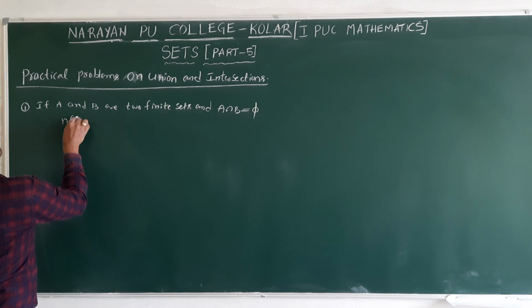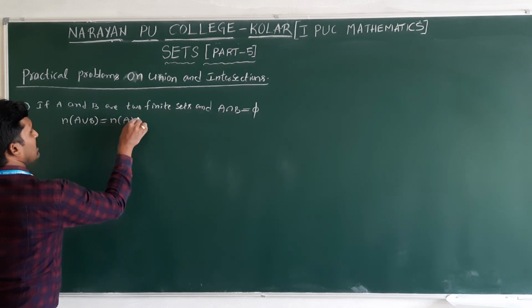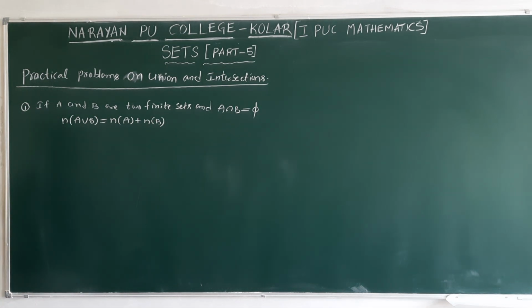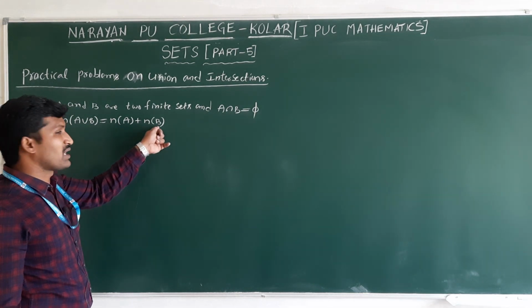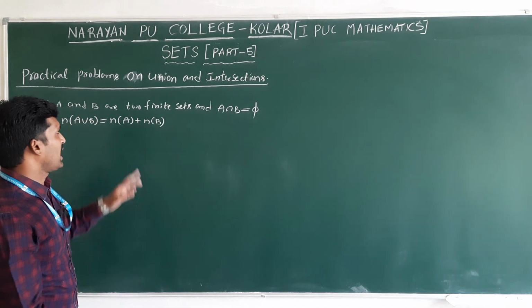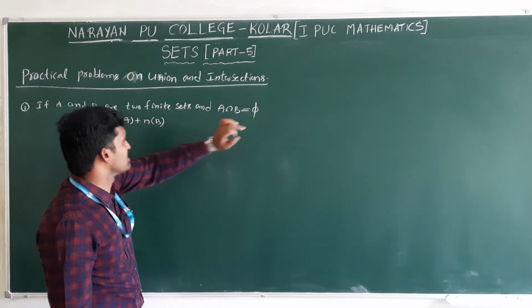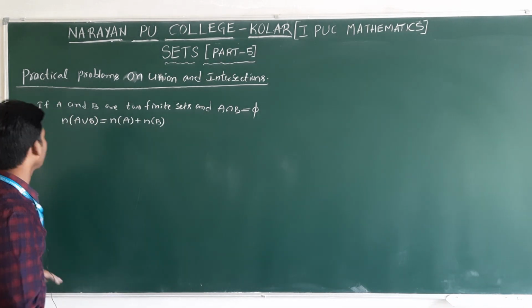Then n of A union B equals n of A plus n of B. Here n of means the number of elements: n of A is the number of elements in A, n of B is the number of elements in B. When A and B are disjoint finite sets, n of A union B is n of A plus n of B.